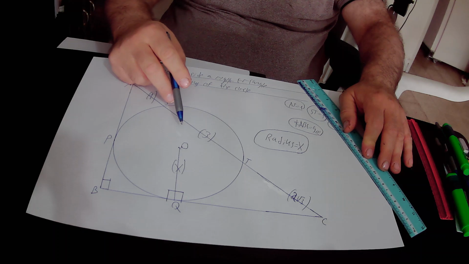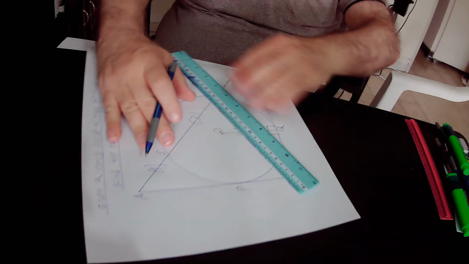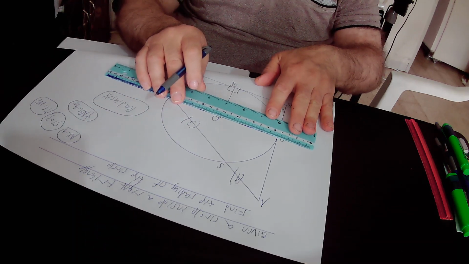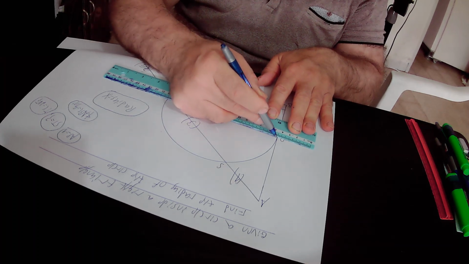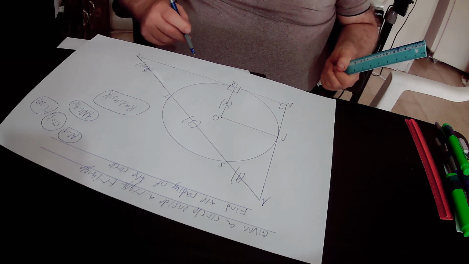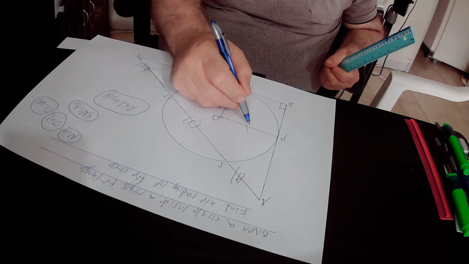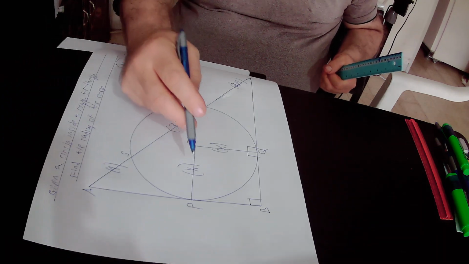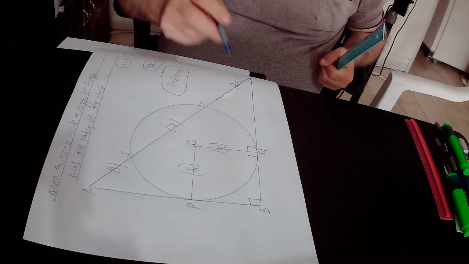Likewise, we join points O and P together by a straight line. OP is the radius of this circle that is equal to X. Again, we have here the radius OP that is drawn to point P, that is the point of tangency of tangent AB with this circle.